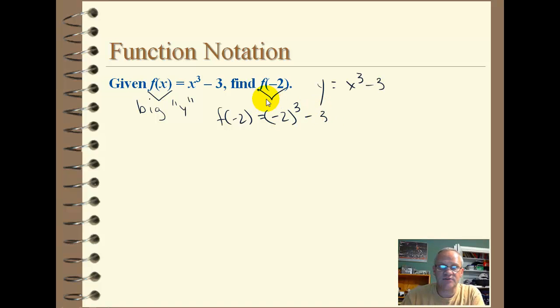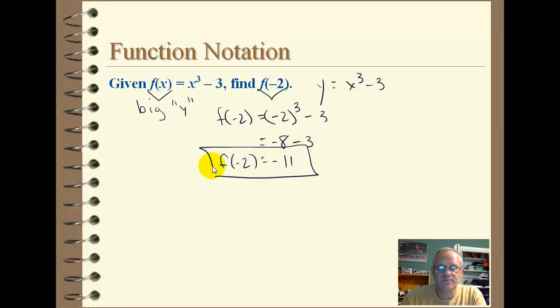All we do is work that out. What's negative 2 to the third power? It really means negative 2 times negative 2 times negative 2. So this would equal negative 8 minus 3. And then when we do negative 8 minus 3, we get negative 11. So f of negative 2 equals negative 11.